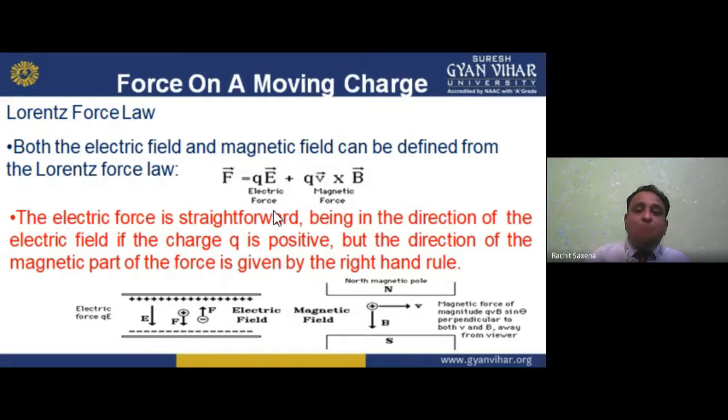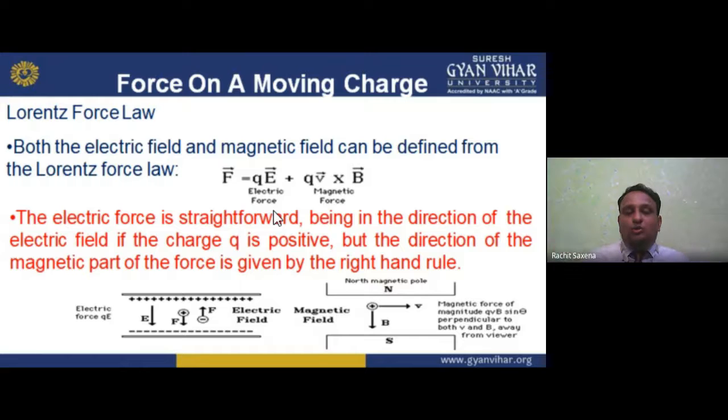If I'm talking about the motor, it uses Fleming's left hand rule, that is direction basis, and the rotor starts rotating in the anti-clockwise direction, while in the generator it starts rotating in the clockwise direction. So the right hand rule is used in the generator, and the left hand rule is used in the motor. So basic things are there.